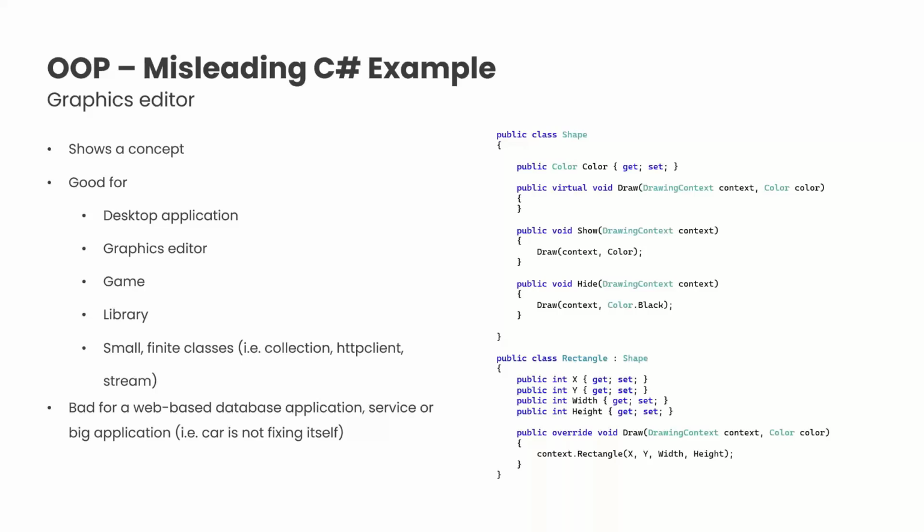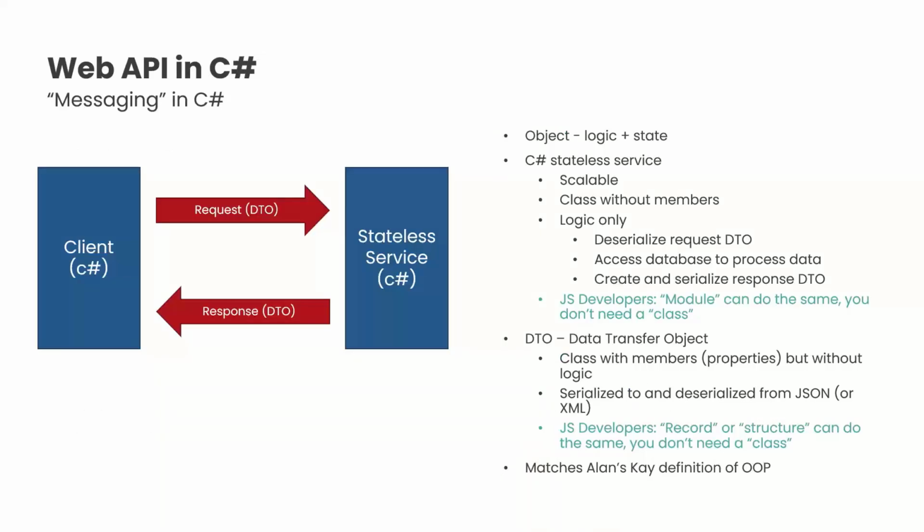So what was that suggested way of creating a web-based application in C#? Well, the idea was that, for example, imagine that we have a C# application that uses web APIs to do something.